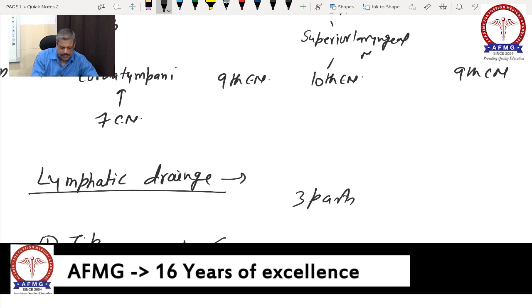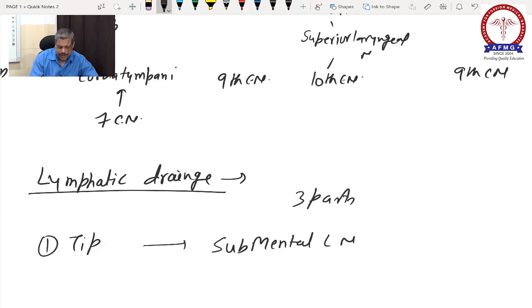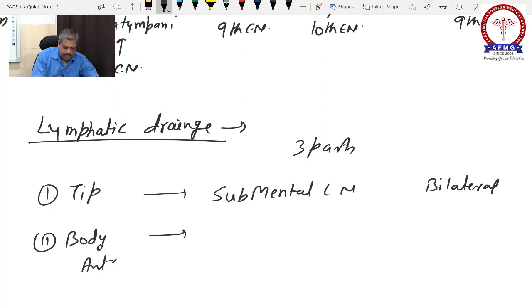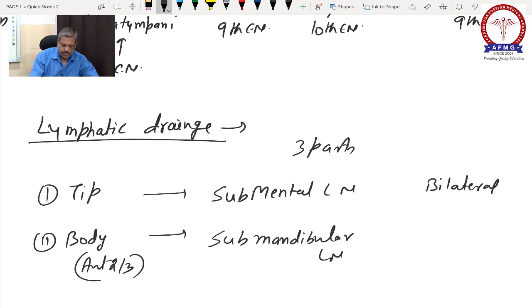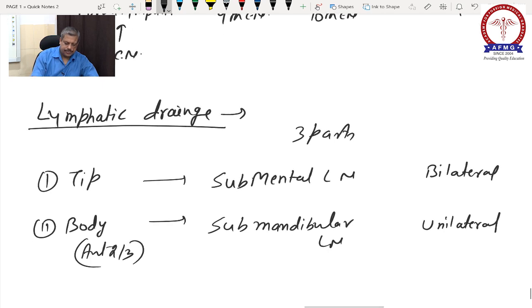This is drained by submental lymph nodes, and this is bilateral lymphatic drainage. Then the second is the body of the tongue, which is the anterior 2/3. This is drained by submandibular lymph nodes. This is a unilateral lymphatic drainage.